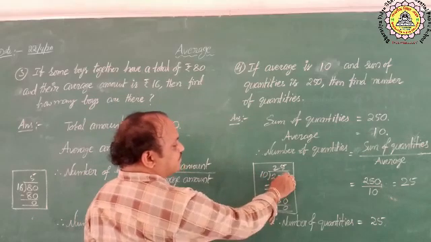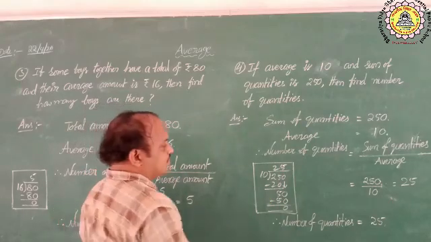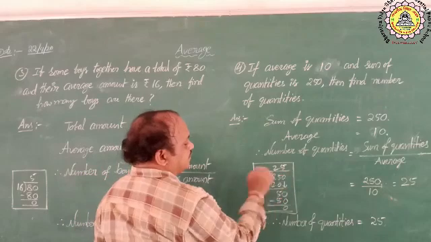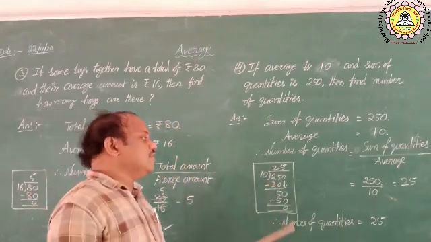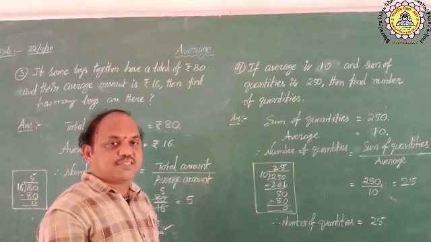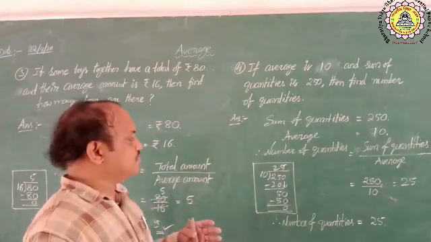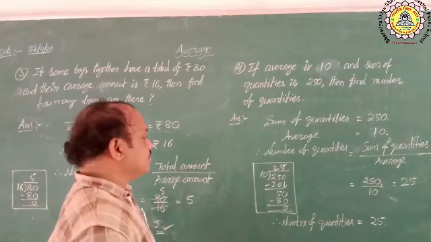10 divides 250. We cannot do directly. Suppose if you don't know the direct answer, then you follow this one. See, first you take 25, not 250. First you choose 25. So now divide 25 by 10 at first. So what is the nearest value for 25 in the 10th table? Okay.